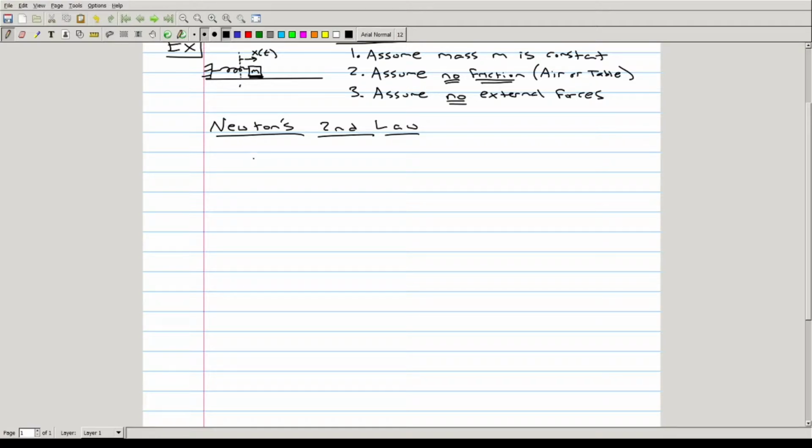And Newton's second law says that for a mechanical body, the net force vector on the body, which is the sum of all forces acting on the body, will be equal to the time derivative of the momentum, which is the mass of the body times the velocity of the body.